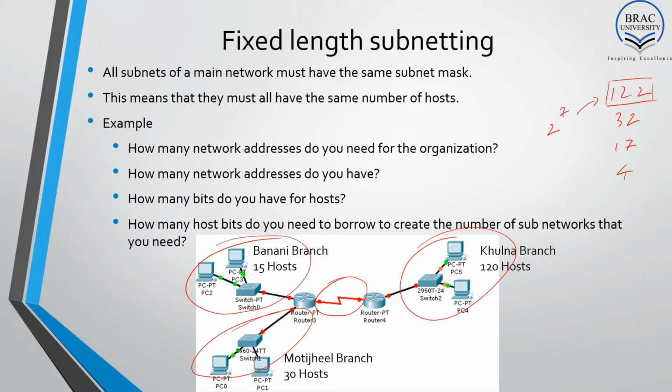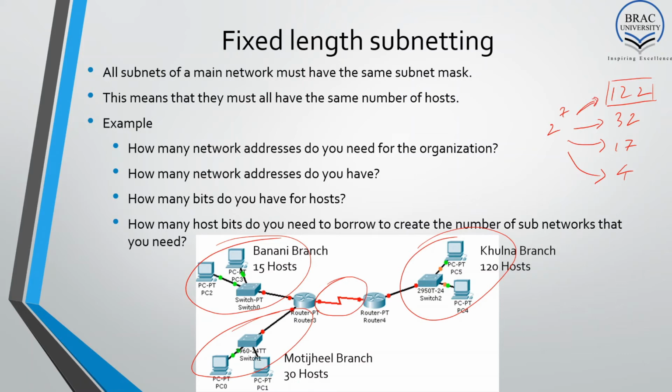Now the problem with fixed length subnet masking is that once you have started to break into 128 groups, you have to assign 128 to here, 128 to him, and 128 to the fourth one. No matter what the size is, the eldest brother got the largest burger, so all the siblings have to have the same size burgers, even if they can't eat that fully. Okay, so it's not that I'm sharing this single 128 with everyone.